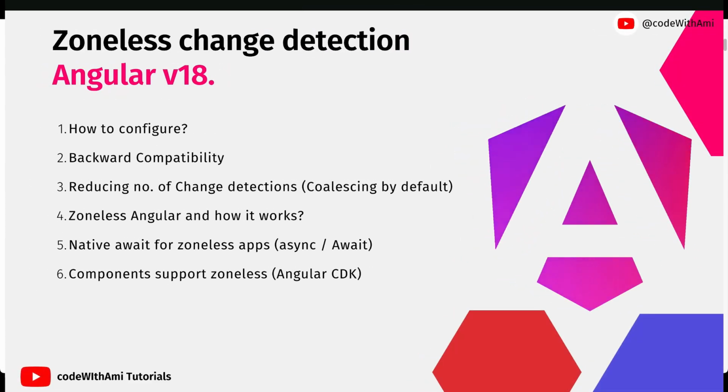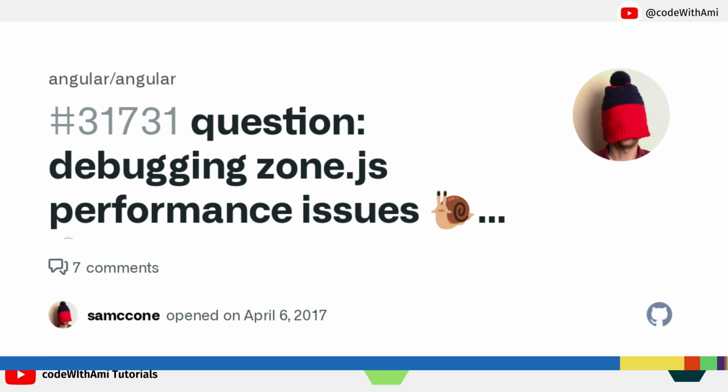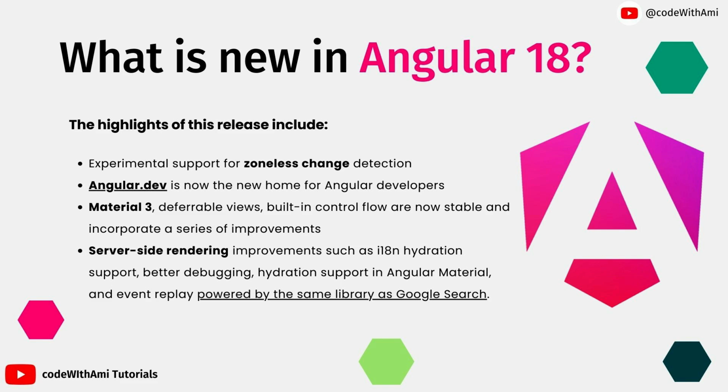So the first point is evolving change detection. Historically, a library called Zone.js has been responsible for triggering Angular's change detection. The library came with a number of developer experience and performance downsides. So basically, the Angular team has been working for several years towards a way of using Angular that doesn't rely on Zone.js.